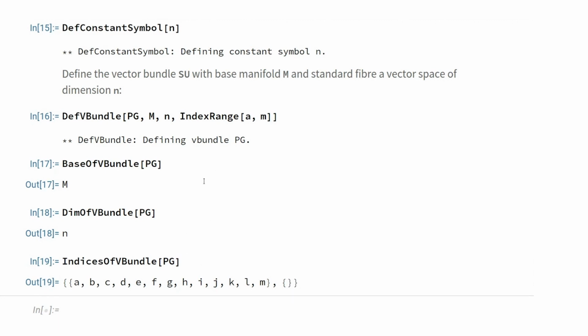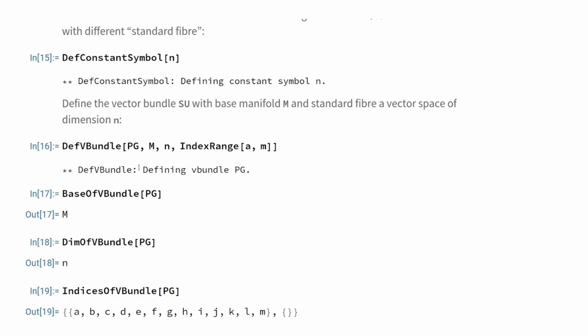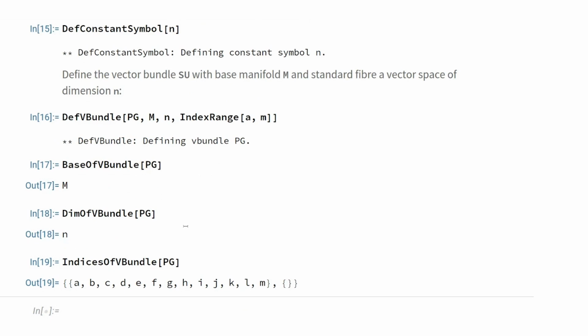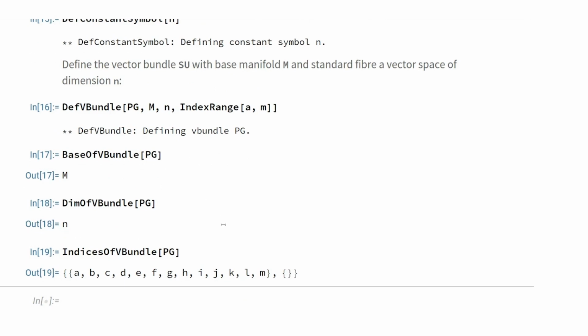And also, as I mentioned, this abstract index notation saves us the work of defining all the tensor products of the vector bundles that we need to do tensor analysis.